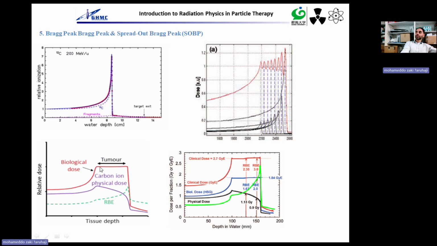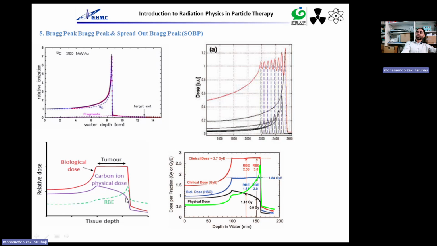Spread out Bragg peak. So this is the charged particle moving and spreading out. We spread it out with energy, different depth, different travels, drop. Now when the charged particles are moving, this is the amount of dose depositing. This is the energy being lost. Deposit here, it was a little, then slightly increases. Now here it is not uniform.